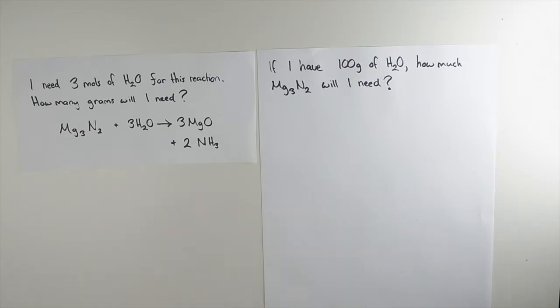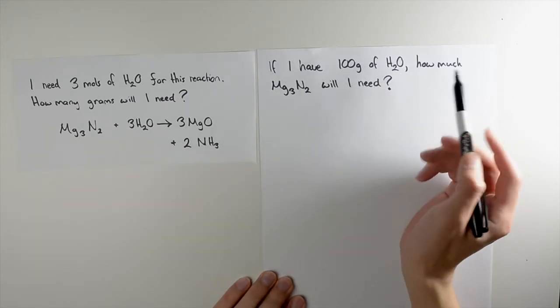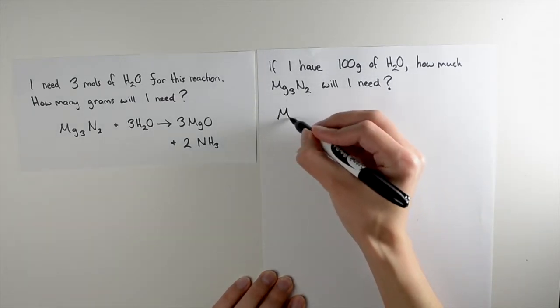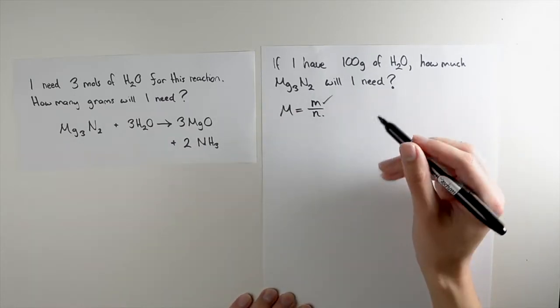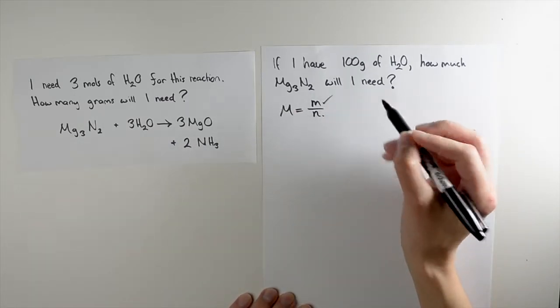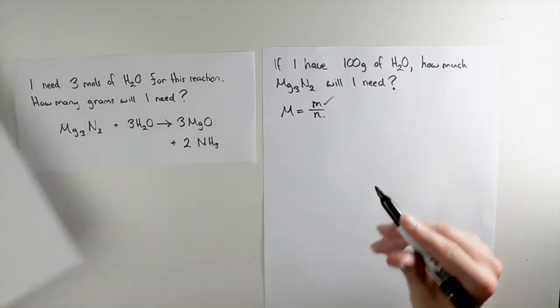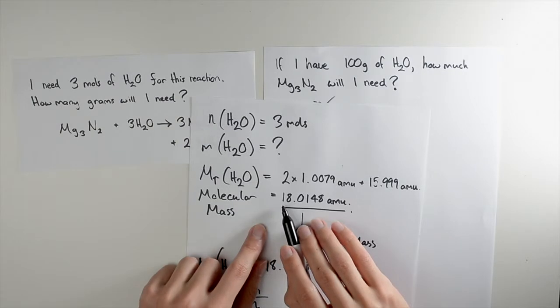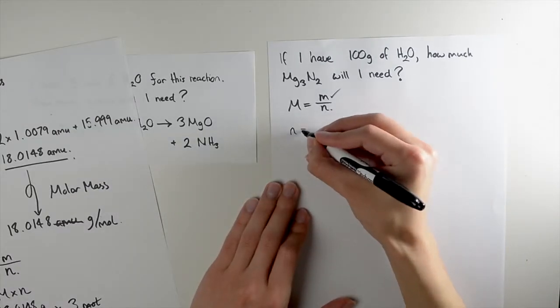Well, the first thing I'll need to do is find out how many moles this is. So our equation will be, we know the mass, we don't know the number of moles, and we can calculate the molar mass, which we have already done before. It ended up being 18.0148. Solve for n.